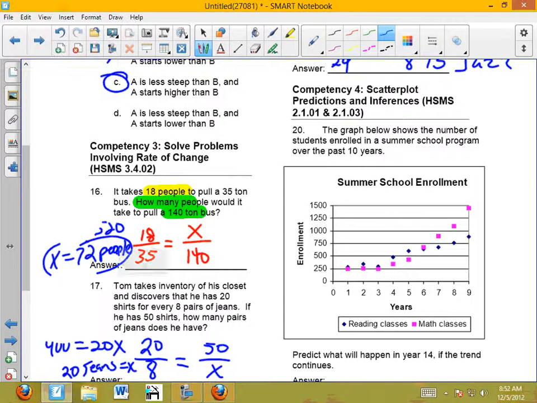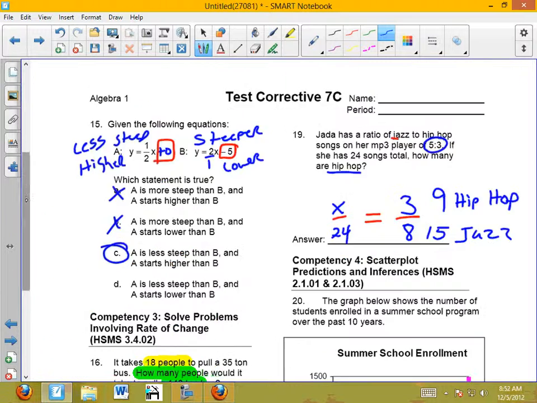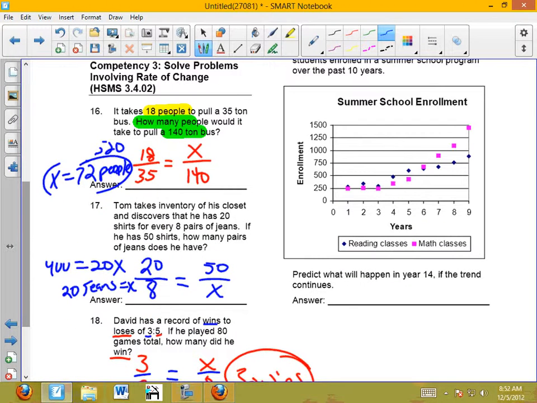Okay, the last competency is graphs. Predict what happens in year 14 if the trend continues. Year 14 is way out here. On this one, when you have 2 classes, 2 things, when the graph looks like this, charting 2 different categories, you don't have to give me an exact number. What's going to happen? Is this trend going to continue to increase?